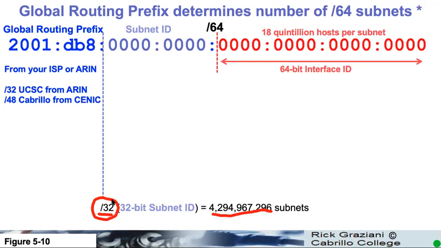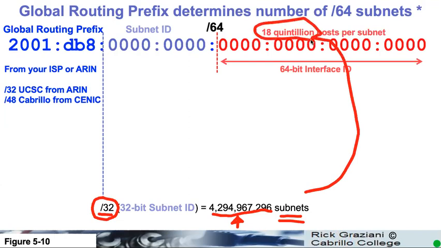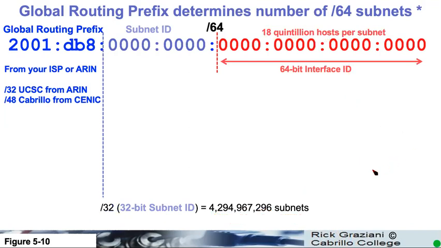The total number of IPv4 addresses is 4.3 billion. UCSC has 4.3 billion, not addresses, subnets. Each subnet has 18 quintillion devices. Unbelievable, isn't it?